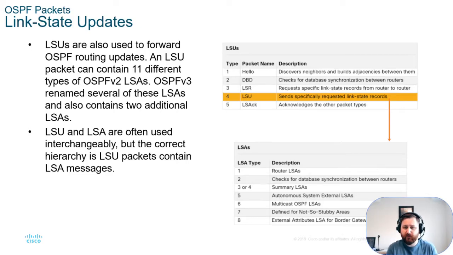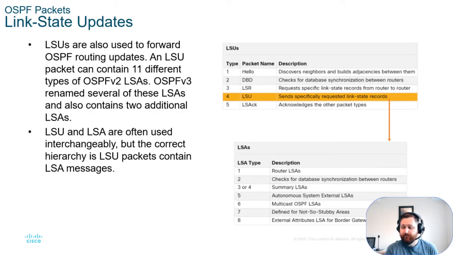So we have router LSAs is number 1, which checks for database synchronization between routers, summary LSAs are 3 and 4, autonomous system external LSAs is number 5, multicast OSPF LSAs is number 6, defined for not so stubby areas is number 7, and external attributes LSA for border gateway protocol, BGP, is number 8.